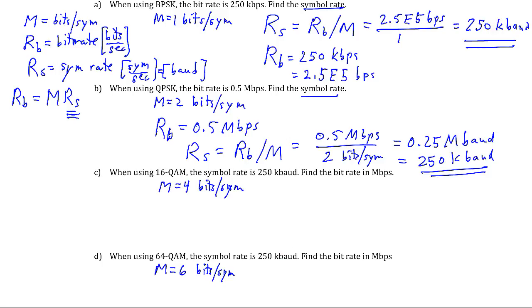We've got varying M values, and they are going to give us various bit rates. For M equals 1, we have a bit rate of 250 kilobits per second. When M is 2, we go to half a megabit per second.